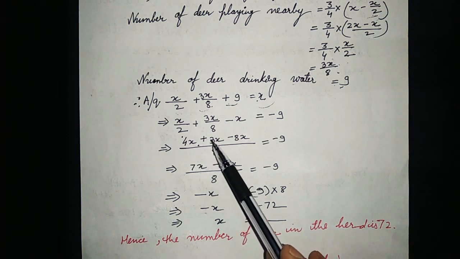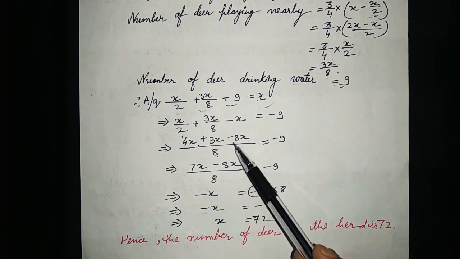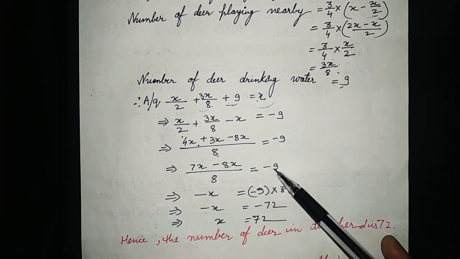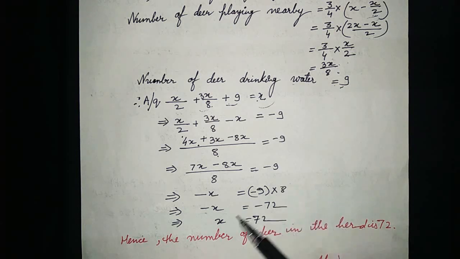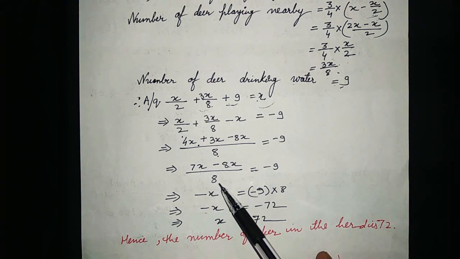Now 4x plus 3x, 7x we will write, and here minus 8x we will write, divided by 8 is equal to minus 9.